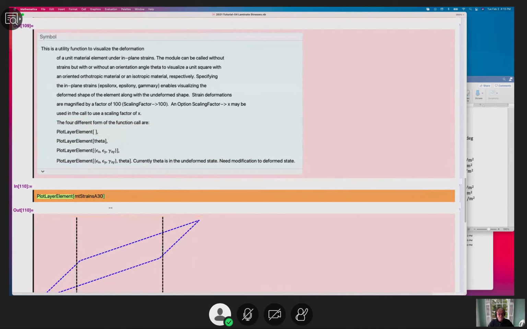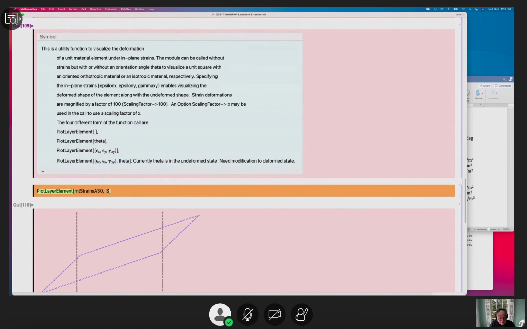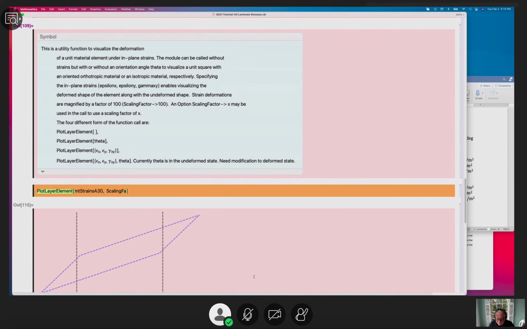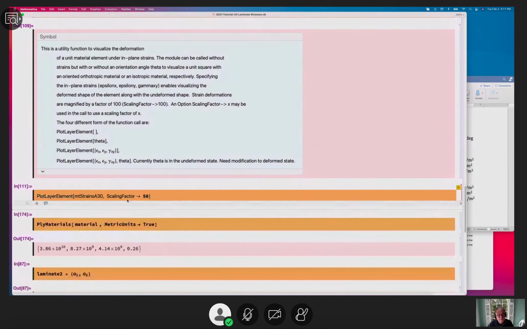Now this also has an optional argument that says scaling factor. No, it's not scaling factors. Mohana, you might be able to remember this. I think you went through this. Do you remember scaling factors? Did I get it? Oh, okay. Default is, I think, 100 with 50.